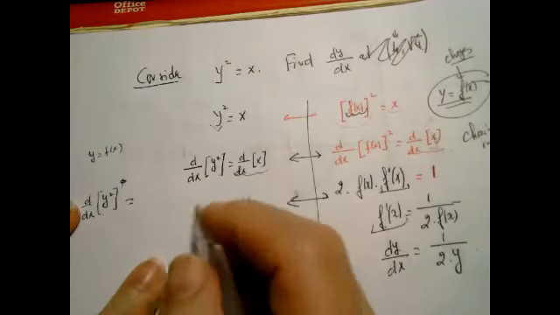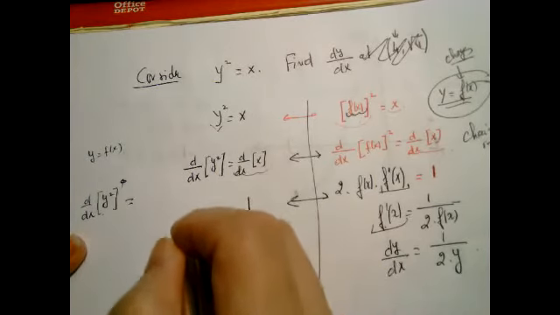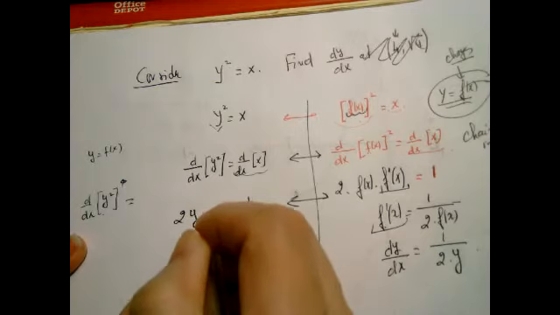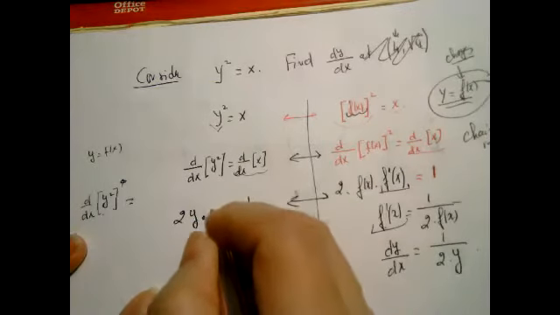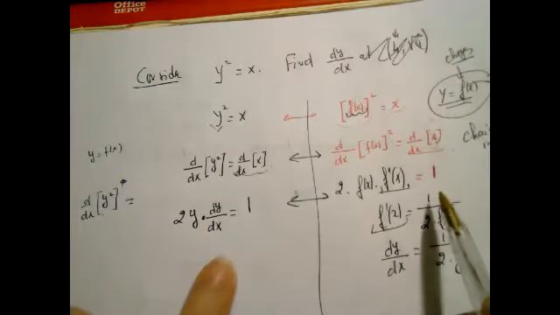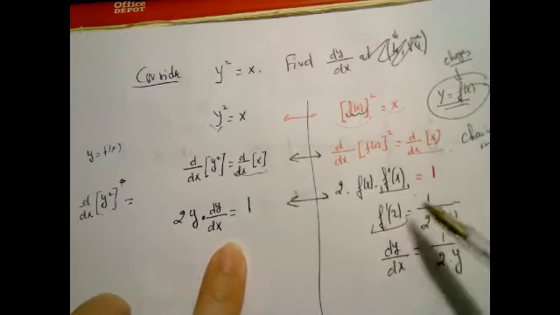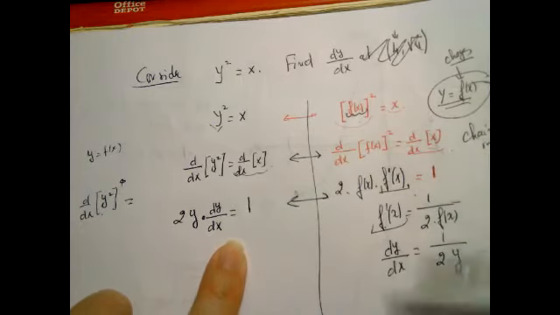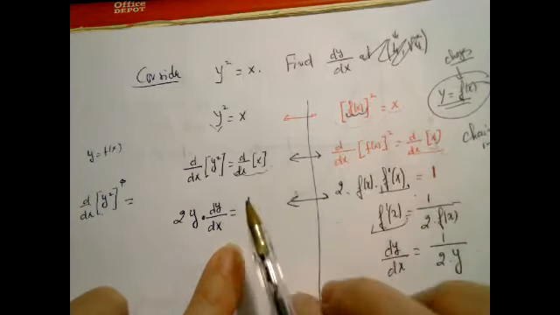So the derivative of y squared is going to be 2y times the derivative of y with respect to x. This is that line right here. So here I wrote y as f of x to make it a little bit easier. But a lot of times we actually don't put f of x, we keep it as y.